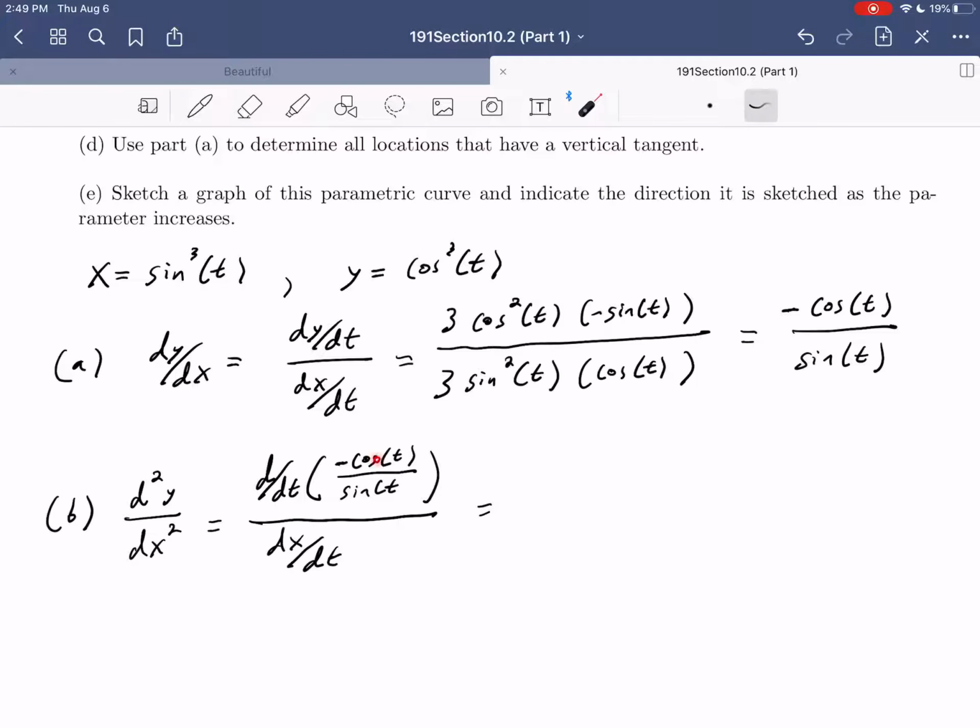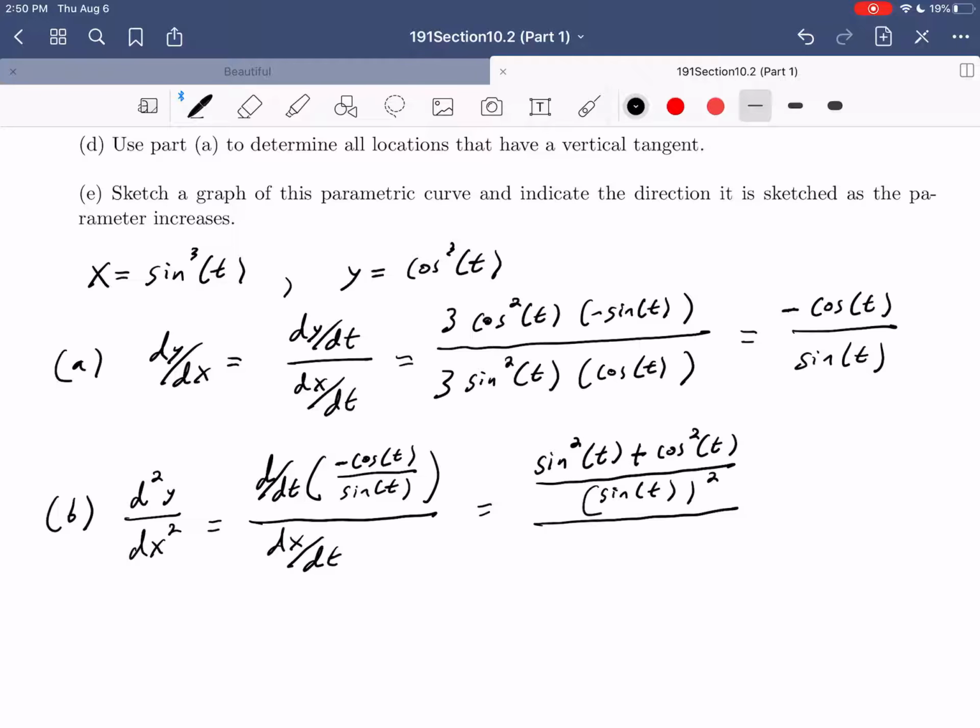We take the derivative of the top, that's sine of t times the bottom, so we get sine squared, and then minus, we leave this alone and differentiate this, you get cosine of t, so we get plus cosine squared of t, divided by the denominator squared, which is sine of t squared. Then down here, dx/dt, we could recalculate it, but remember dx/dt was right here, so we can just use that: 3 sine squared t cosine t.